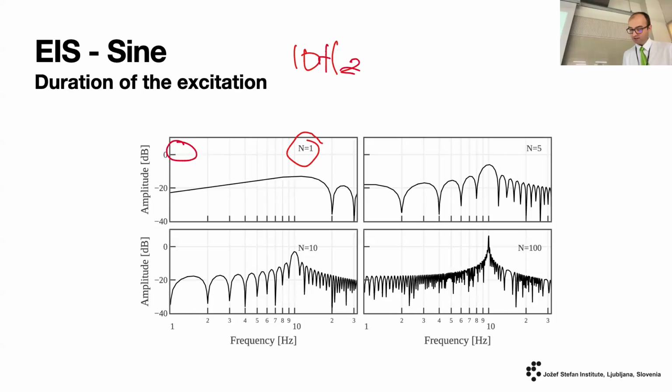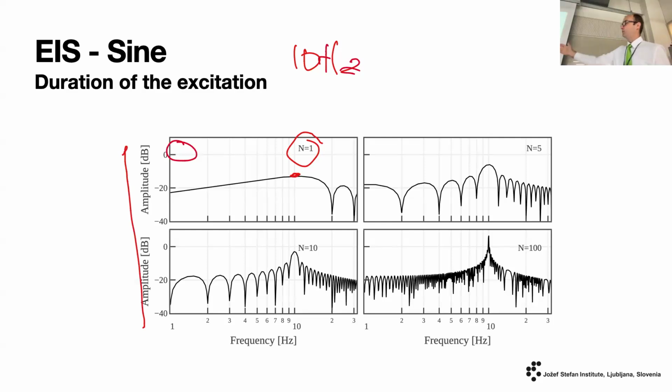There is a peak around 10 Hertz, but what we are looking at is called spectral leakage. As we increase the number of periods, 5, 10, 100, this spectral leakage reduces and our measurement becomes more and more precise. Take care that the y-axis is logarithmic, just to make this effect much more visible.